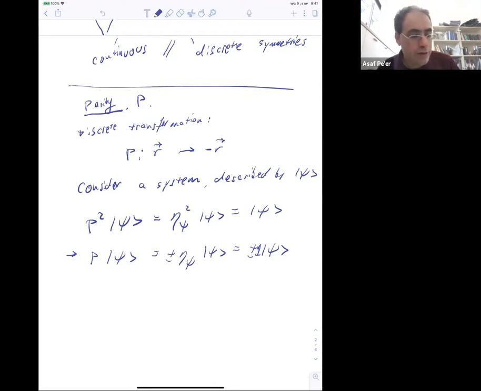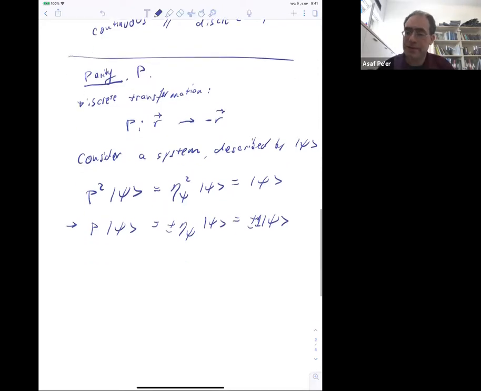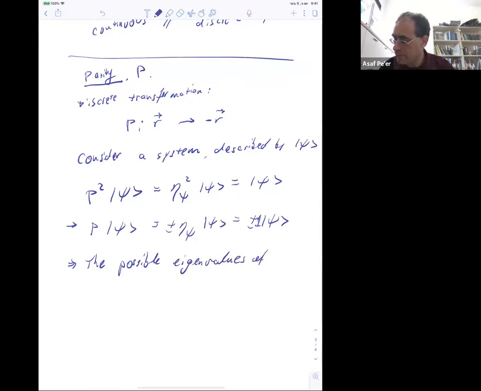In other words, what I just showed here is that the possible eigenvalues of the operator P on a given state are plus or minus 1.